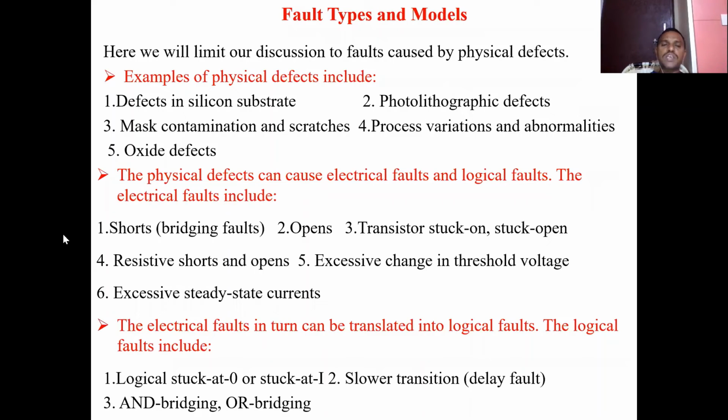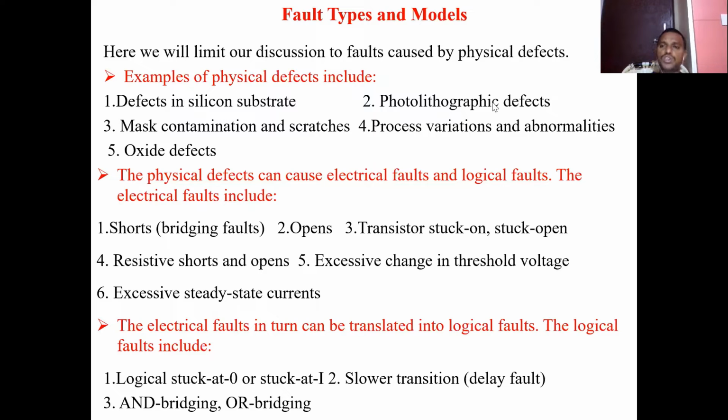Now we'll see what the different faults and fault models are. Here we will limit our discussion to the faults caused by physical defects. Examples of physical defects include defects in the silicon substrate. While fabricating or preparing the substrate, the silicon die, if any defects are present, it is considered a physical defect. The next one is photolithographic defects.